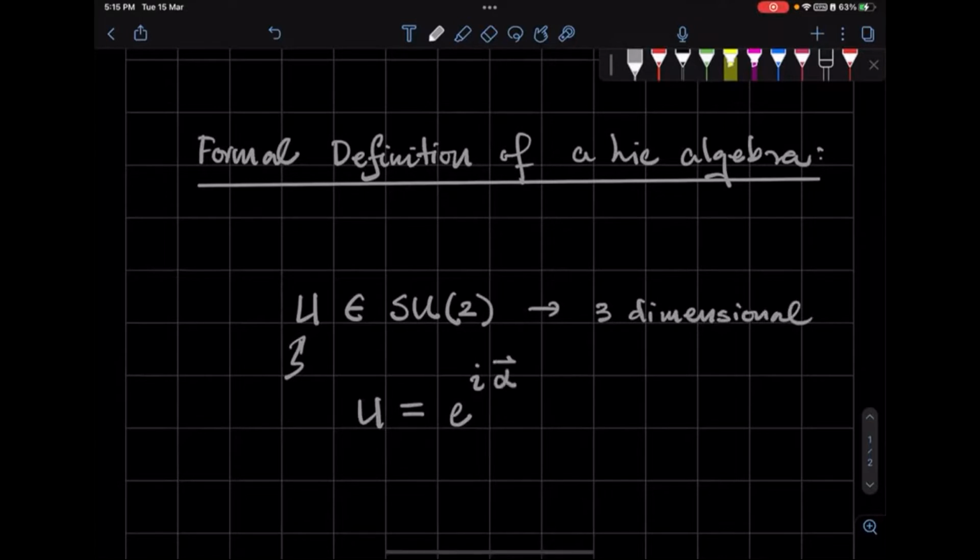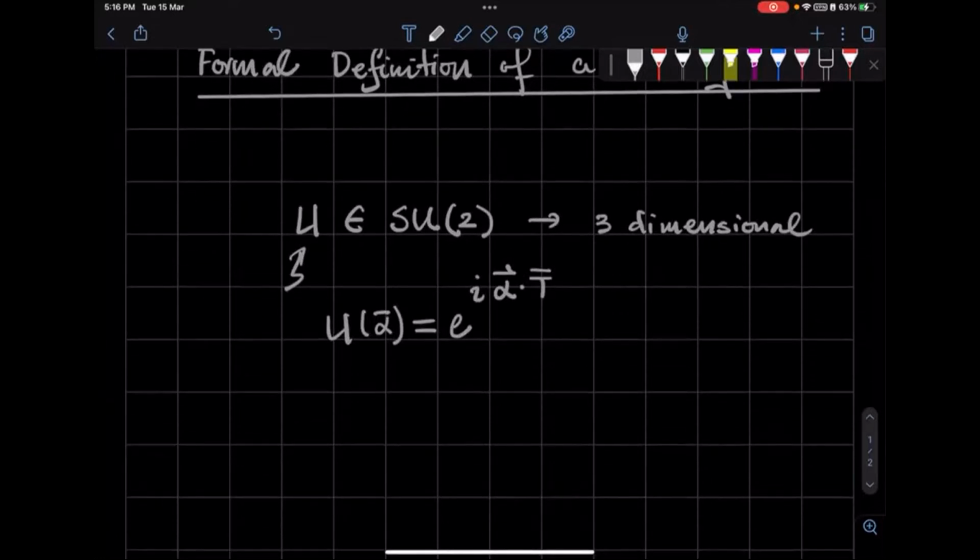We have a set of three real numbers parameterizing an element of SU3. So we can write that U is a function of, say, three real parameters alpha, dotted with three generators T or tau.